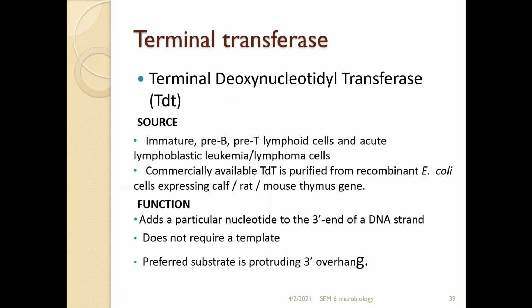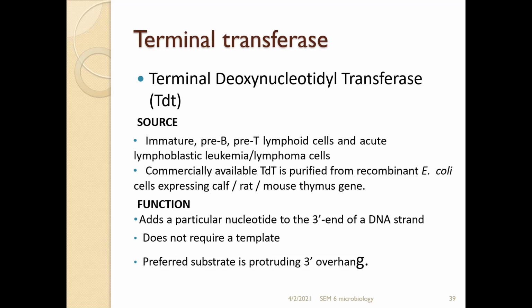Next is terminal deoxynucleotidyl transferase, TdT. Normally we can isolate this from immature cells such as B lymphocytes or T lymphocytes, or acute lymphoblastic leukemia cells.